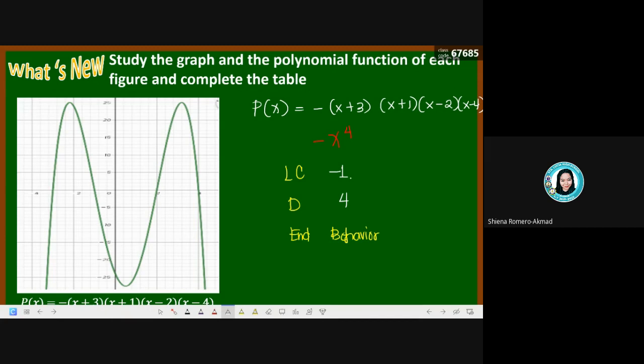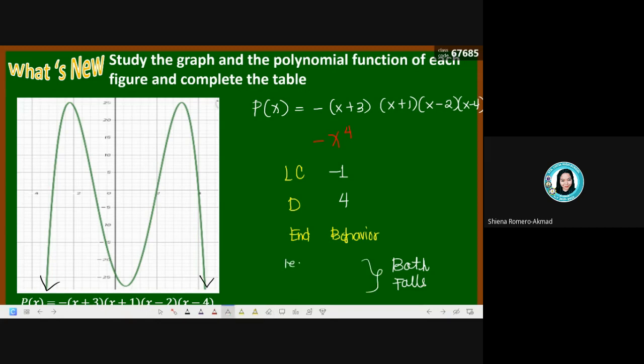So, what will be the end behavior? Tingnan natin. Kung makikita nyo, yung left and right tail niya is both falling. So, we can write it here, both fall.